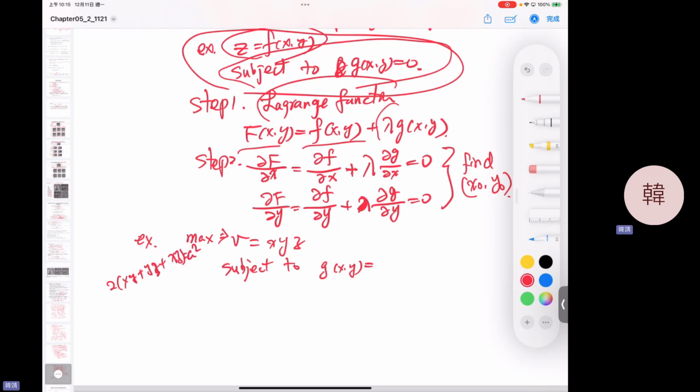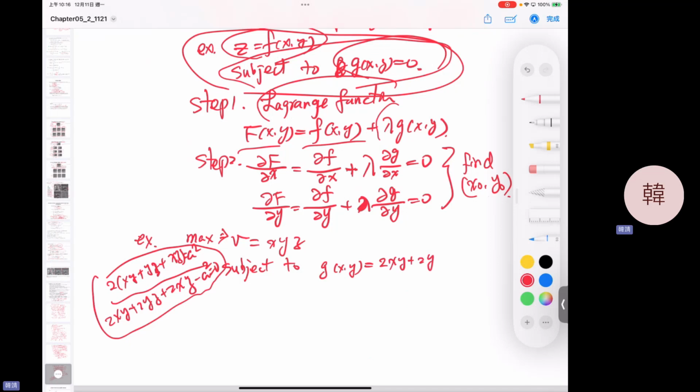So let's combine this equation. We have to make it subject to something equal to 0. So your constraint condition is 2xy plus 2yz plus 2xz minus a squared equal to 0. That's our g(x,y,z), the constraint condition there.